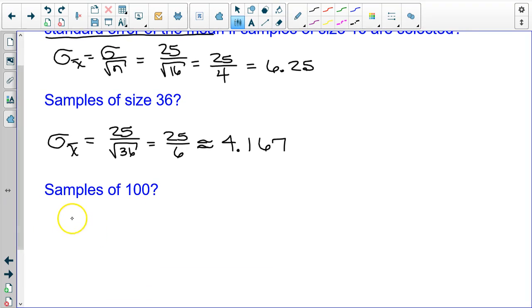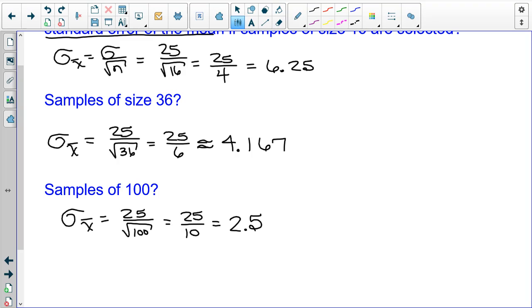Okay, and the last one, 25 divided by the square root of 100, which is 25 divided by 10, which is 2.5. What do you notice about the standard error as your sample size increases? It gets smaller.